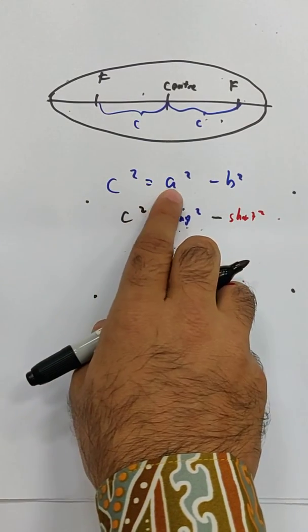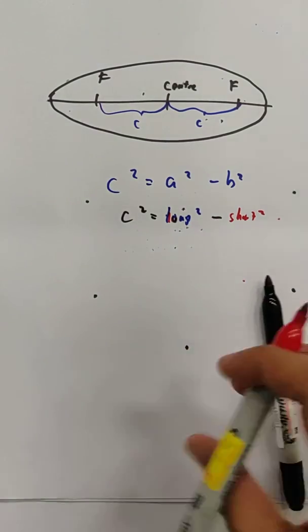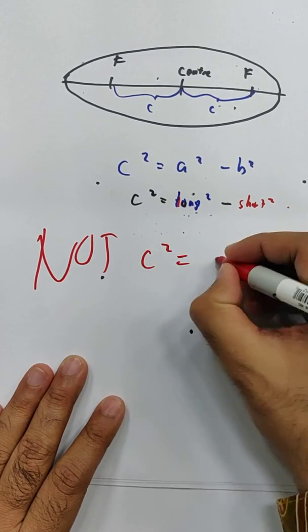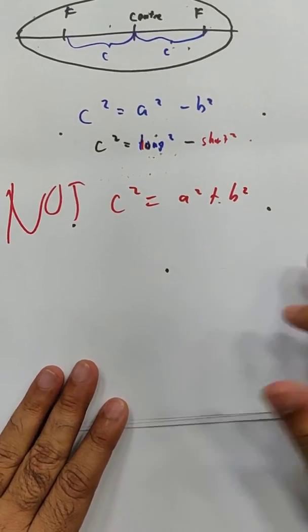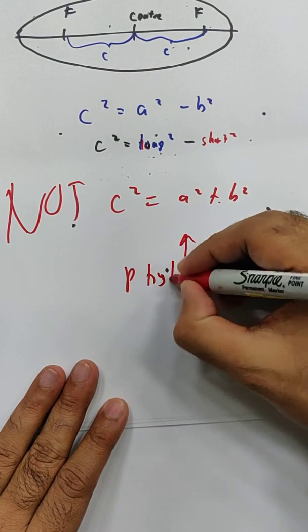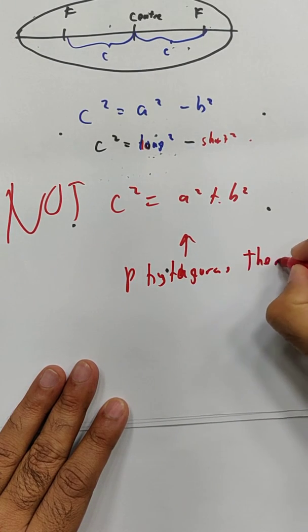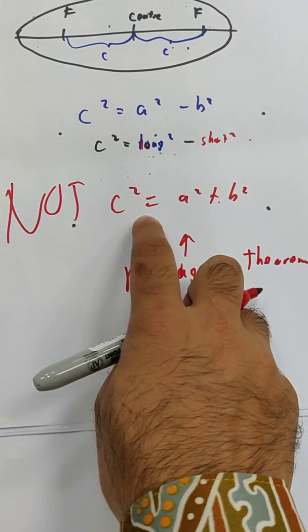Is it C squared equals A squared minus B squared, or long squared minus short squared? Not C squared equals A squared plus B squared. This is Pythagoras. I've seen students who calculate it this way instead.